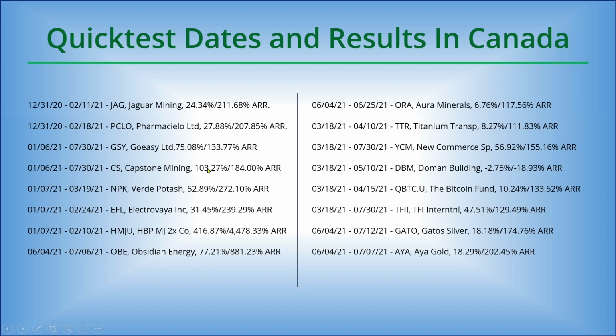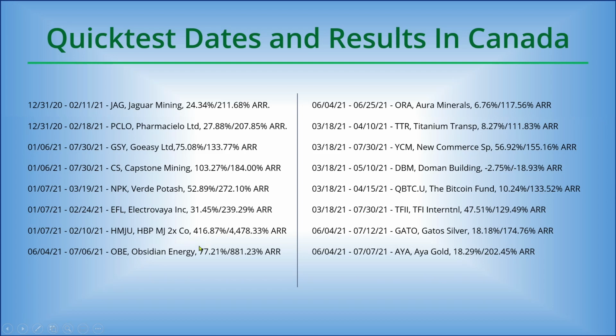And these were just random dates that I picked, typically a green light or a green light buyer in VectorVest, which is a pretty strong market timing signal, or the next day or two after that green light buy signal. But you can see the results here: 24, 27, 75 on Go Easy, and selling at July 30th here.